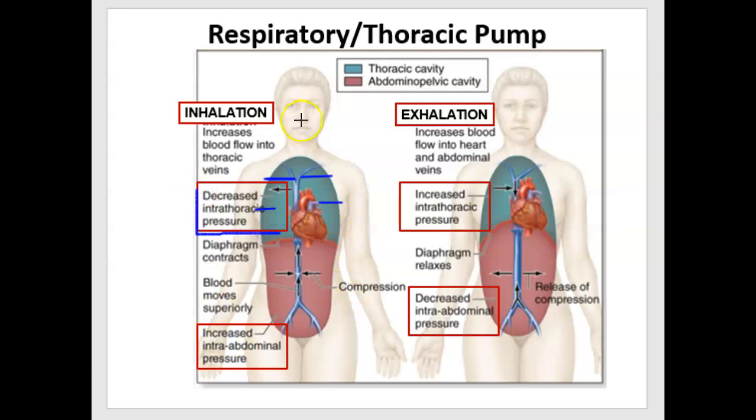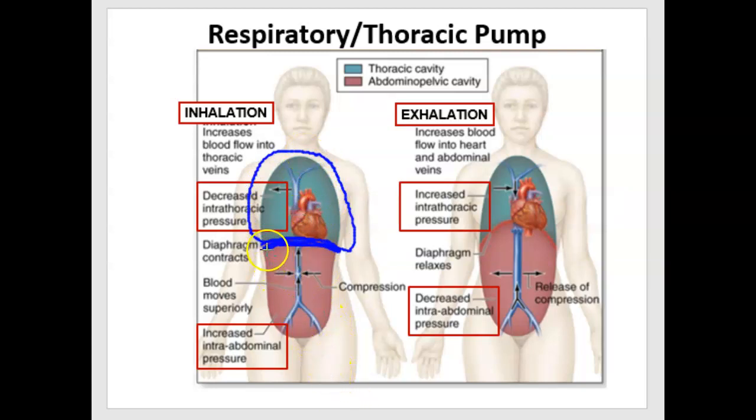But the reason, in part, that our rib cage gets bigger when we breathe in is because our diaphragm presses downwards. So the diaphragm is a muscle between the thoracic cavity and the abdominal cavity. And here I just drew a line on the diaphragm, and it's depressed downward, making this rib cage bigger, and therefore the pressure has decreased.